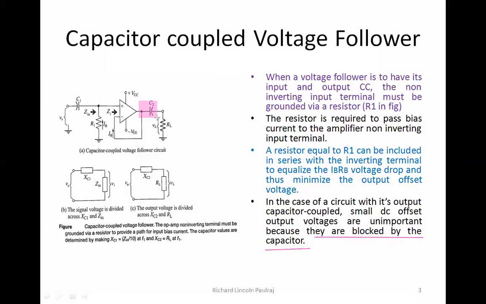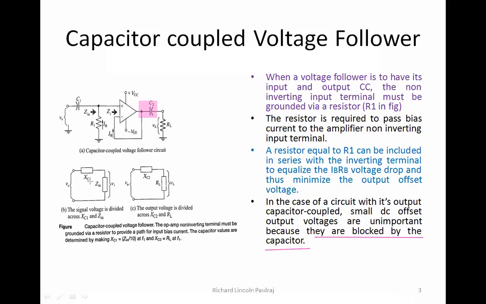Which means whatever small offset voltages you see will be nullified with the help of this capacitor. So we are using this capacitor to make our amplifiers function as AC amplifiers.